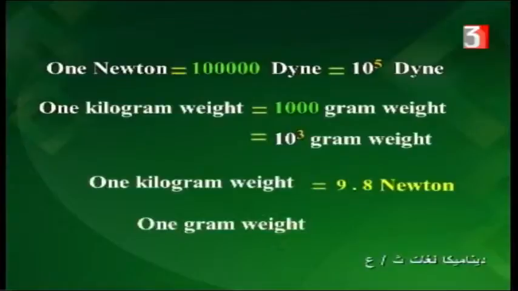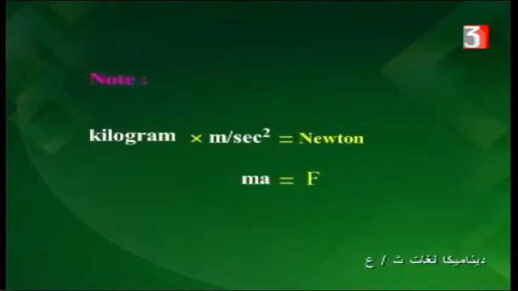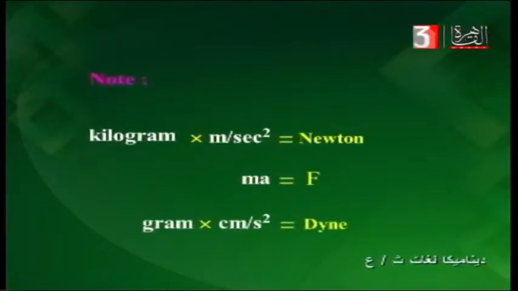And 1 gram weight equals 980 dyne. Now, if we use the formula ma equals F, with the mass in kilogram and the acceleration in meter per second squared, then the force must be in Newton. But if the mass is in gram and the acceleration in centimeter per second squared, then the force must be in dyne.